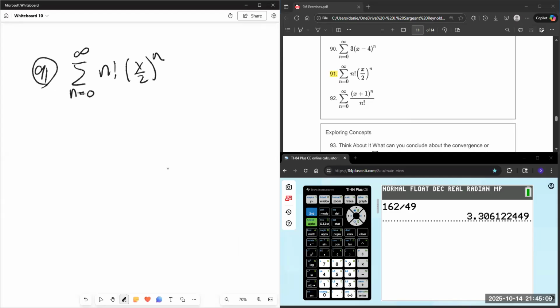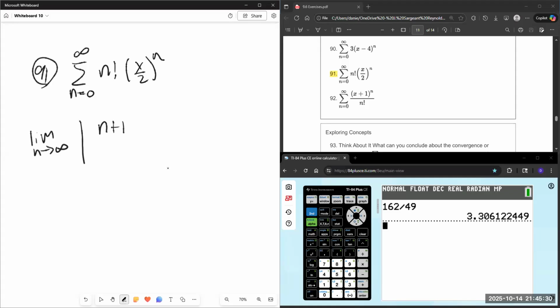And I want to see for what values of x this will converge. And because it's got the n factorial in it, I'm going to use the ratio test. Sometimes I'll want to use the root test instead, but especially when I see factorials, I want the ratio test.